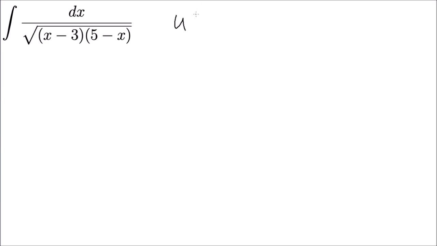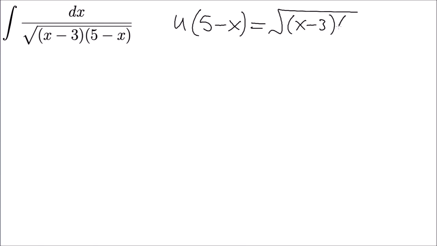Let's take any root. Let's do, what should I take? Let's take, I feel like 5 minus x might make it nicer, but I feel like I might mess up the negative. But you know what, let's take it. And let this equal x minus 3, 5 minus x.